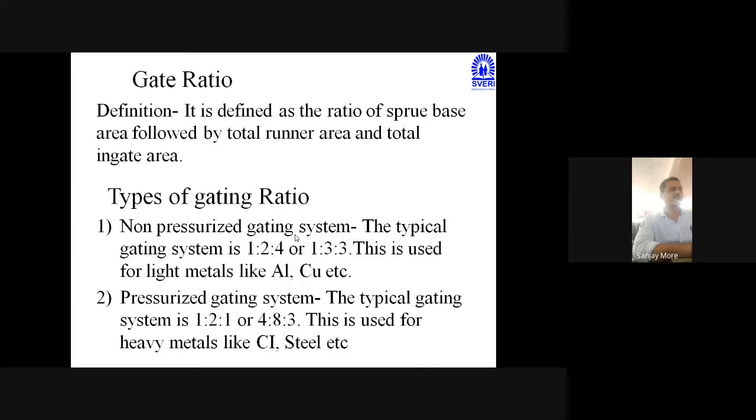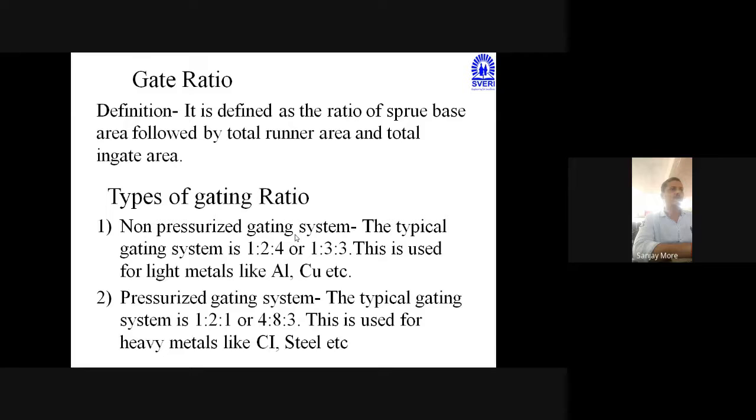This is a typical non-pressurized gating system, based on gravitational force. The ratio is 1:2:4 or 1:3:3, where 1 means total sprue base area, 2 means total runner area, and 4 means total ingate area.